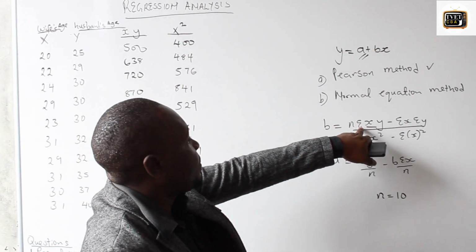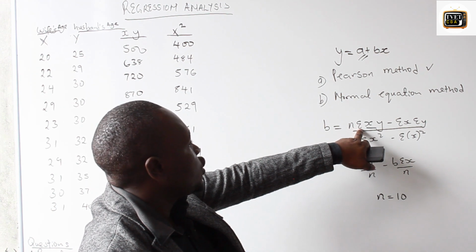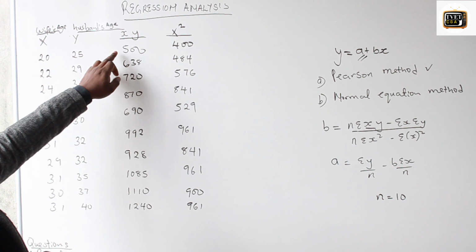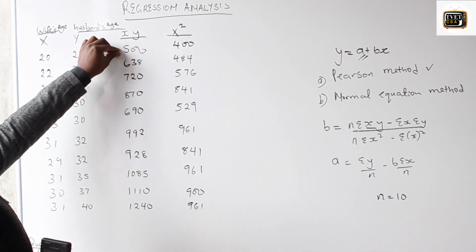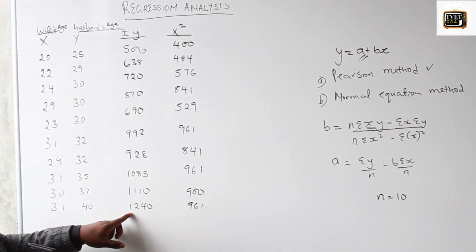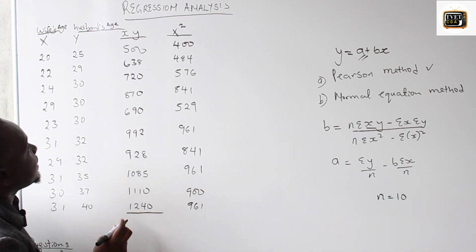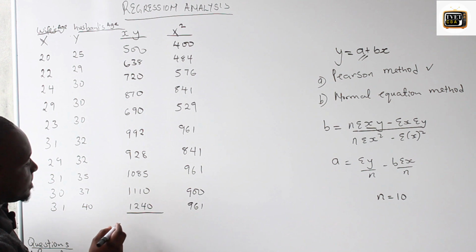Now this sigma simply means summation. So you need to add all the values from 500 to 1240. Kindly make use of your calculator for accuracy.